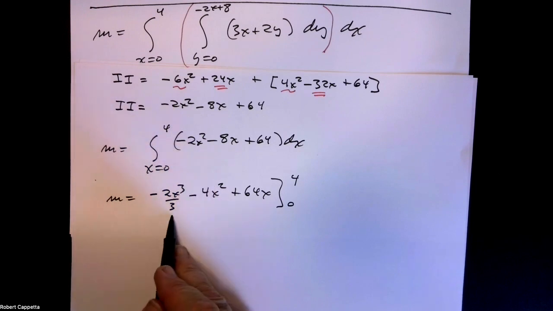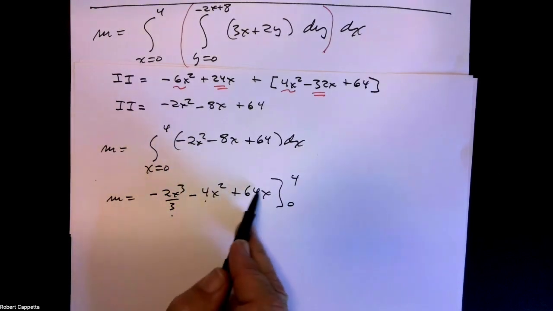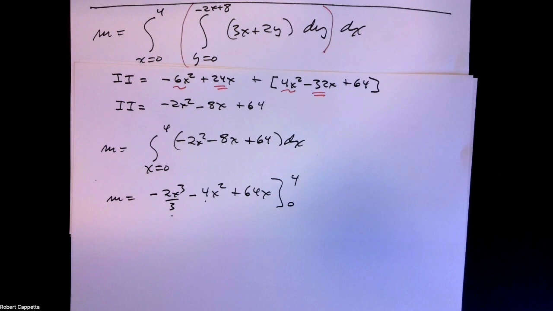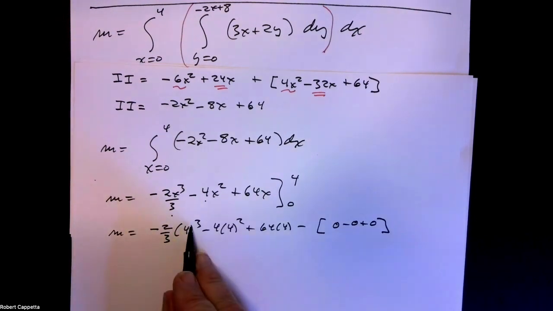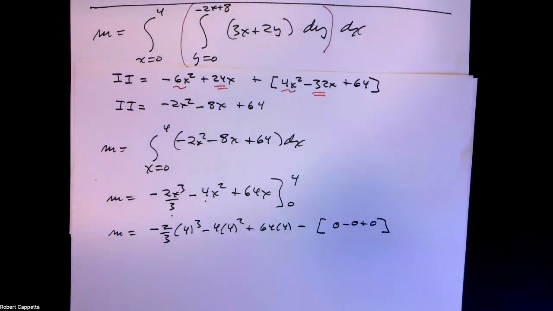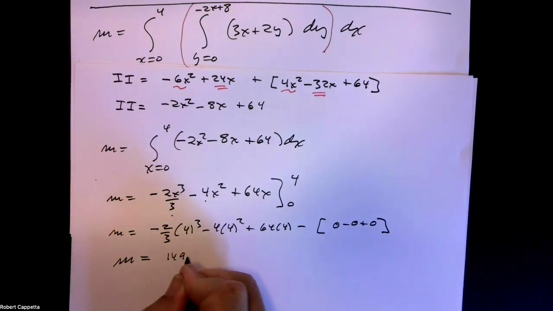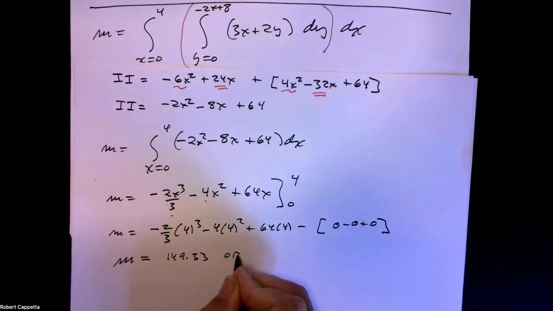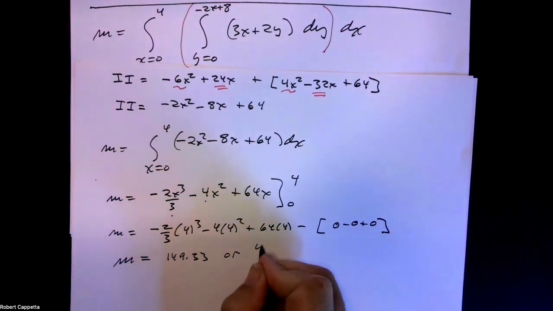Antiderivative, negative 2x cubed over 3 minus 4x squared plus 64x evaluated from 0 to 4. Plugging in the 4's for x, negative 2/3 4 cubed minus 4 times 4 squared plus 64 times 4. And the result for that is mass. We don't really have units here to talk about. 149.33 or 448 over 3.